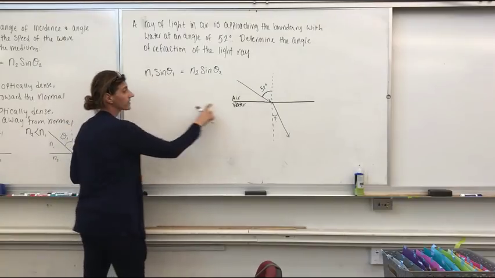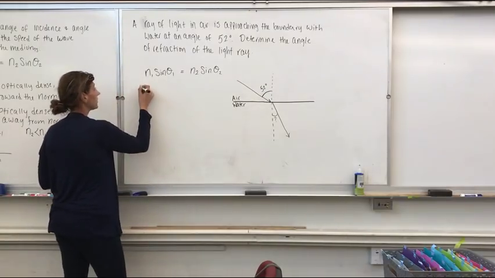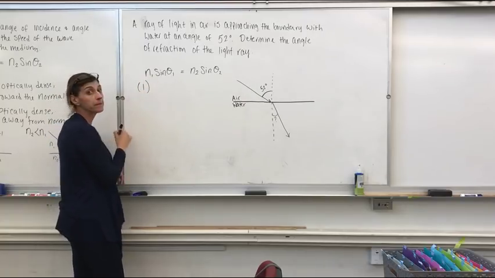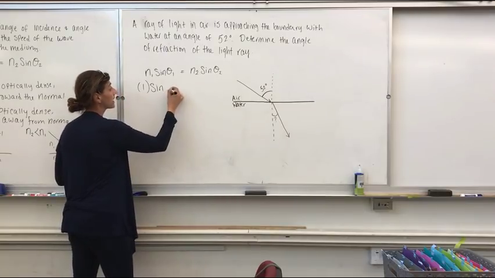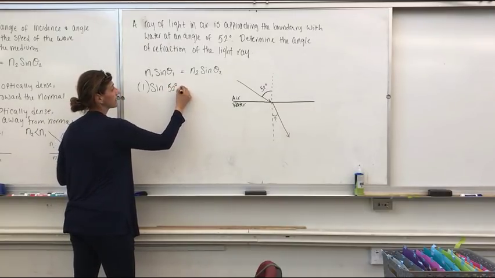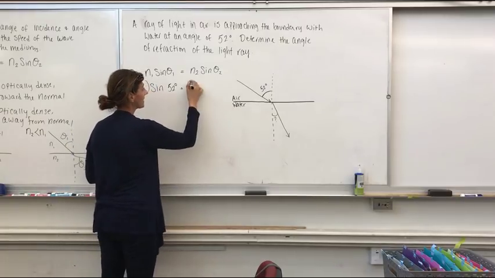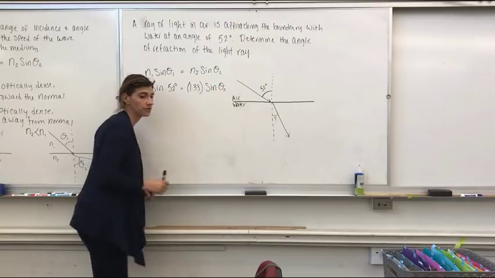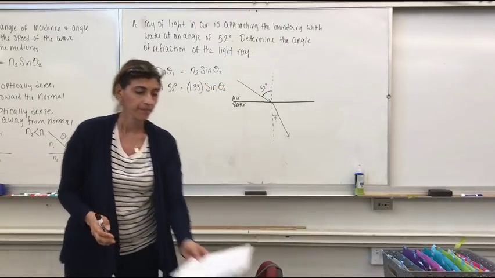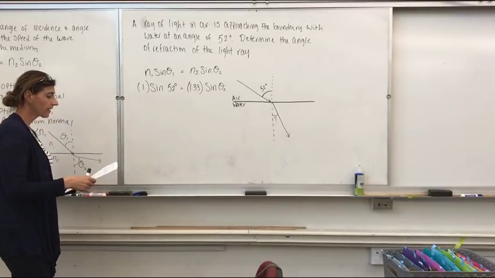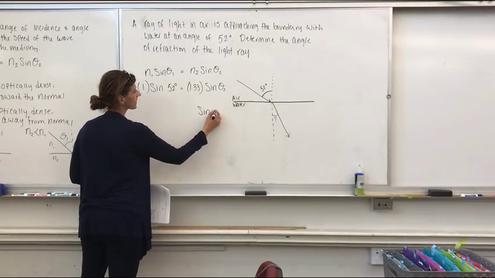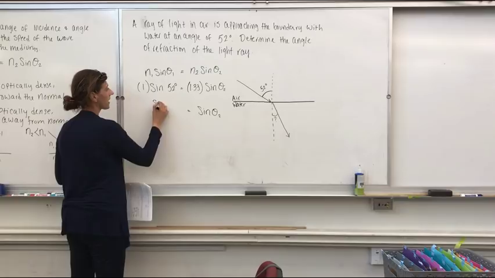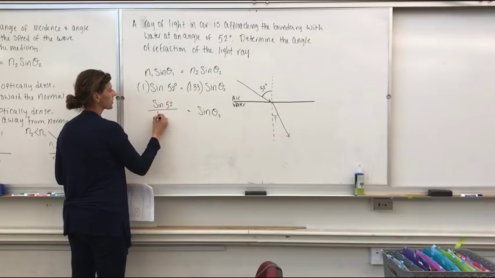Plugging in my values, n1 is air. I know that the optical density of air, or n of air, is 1. The angle at which it comes in from the air is 52 degrees, equals water's n is 1.33, and I'm trying to find theta 2. Now when you do this math, you're going to get sine theta 2 equals sine 52 over 1.33.